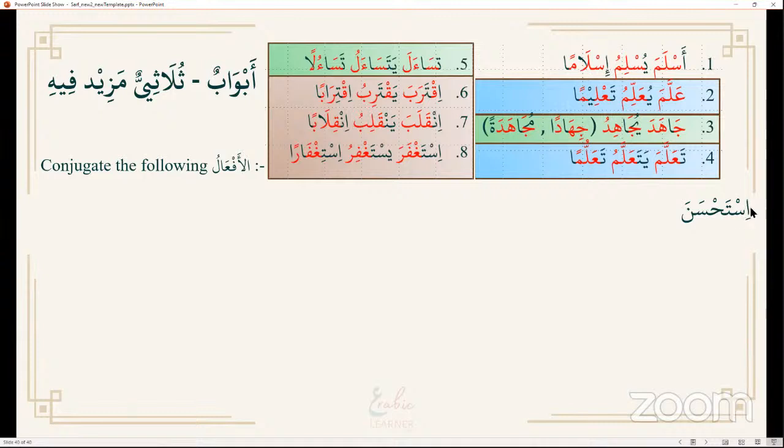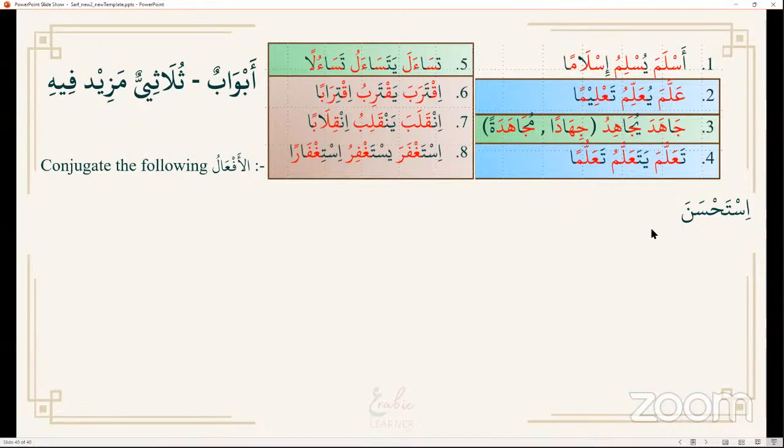Istahsana, first of all, it is from the Hamzatul Wasl family. So all these are Hamzatul Wasl. I told you that if Seen and Ta come after Hamzatul Wasl, it will belong to the Istaghfara family.